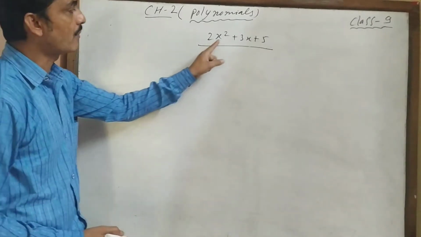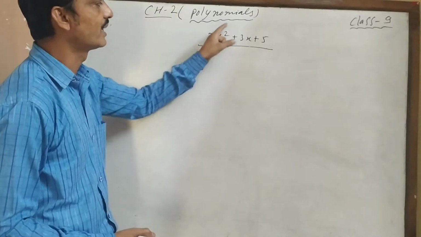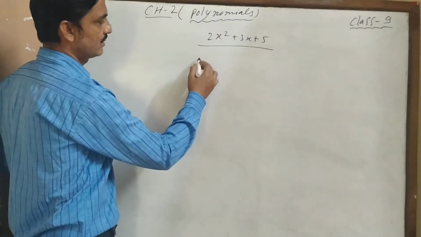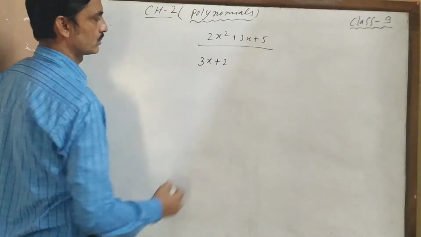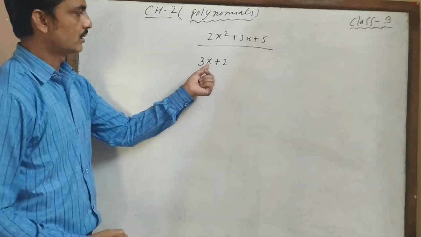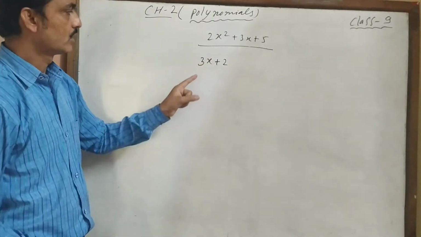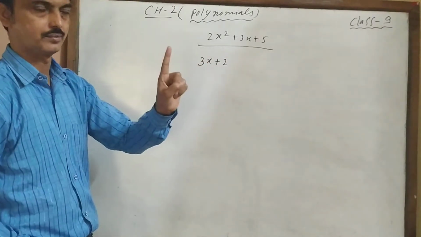The highest power of the variable is known as the degree of the polynomial. If I write 3x plus 2, here the variable x has highest power 1, so the degree of this polynomial is 1.